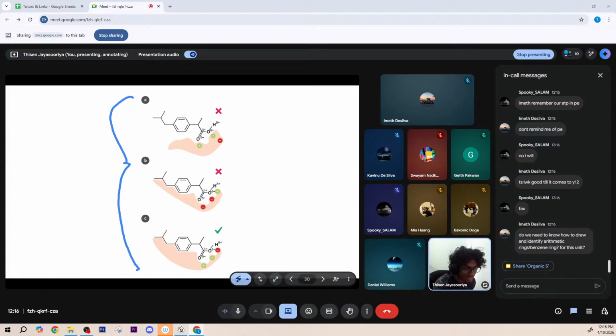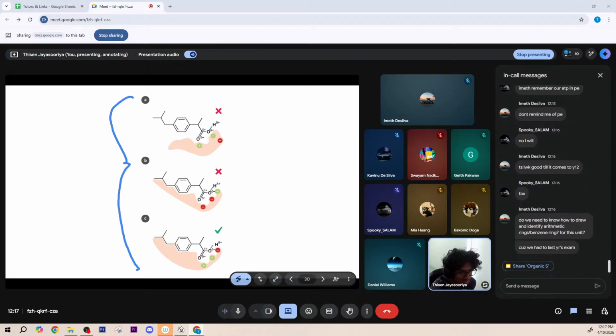Or for an enzyme, do we need to know how to draw and identify aromatic rings, benzene rings for this unit? You need to know what an aromatic ring and a benzene ring look like.